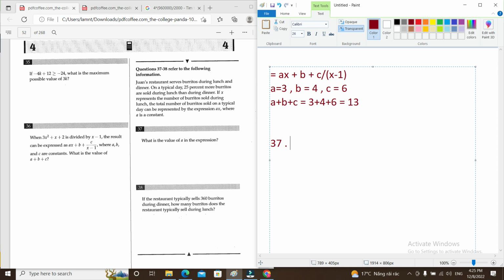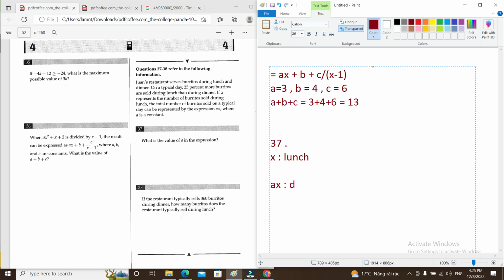If x represents the number of burritos sold during lunch, the total burritos sold in a typical day is ax, where a is a constant.